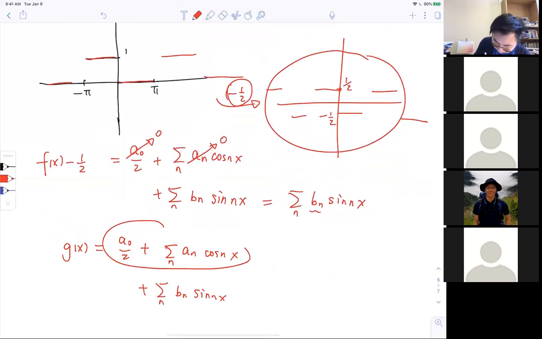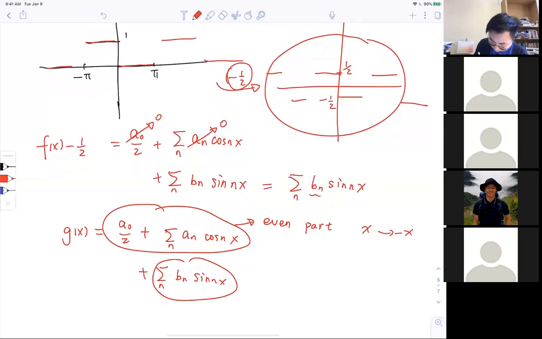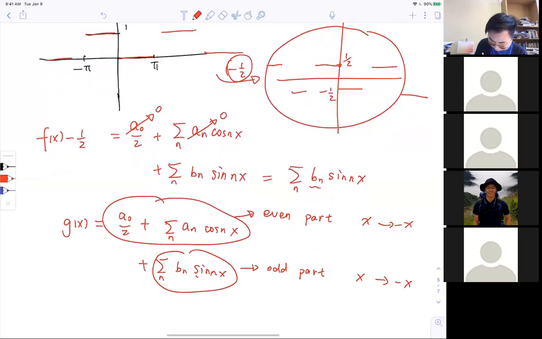So this part is the even part, meaning that if you change your x to minus x, this part will not change the sign. This part is the odd part. If your x becomes minus x, then the sign changes because there's a sine function, right?